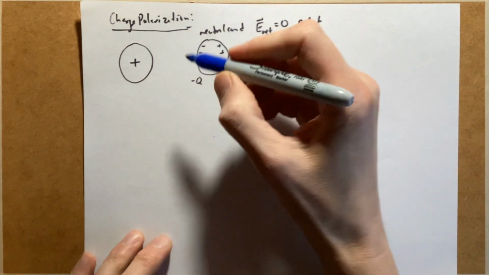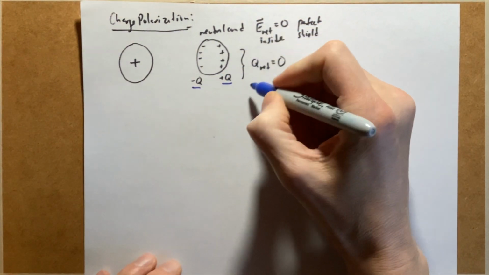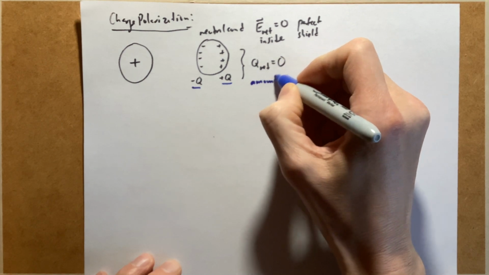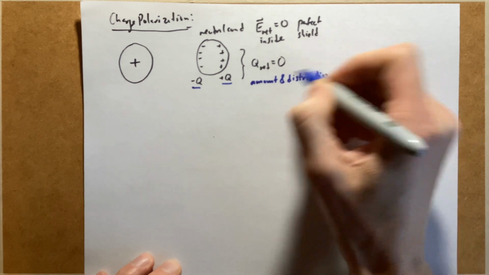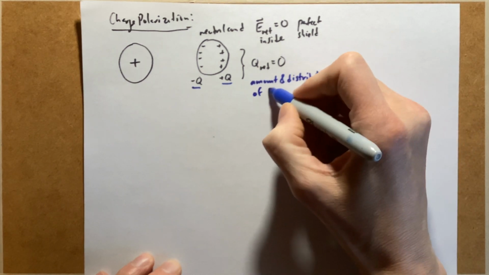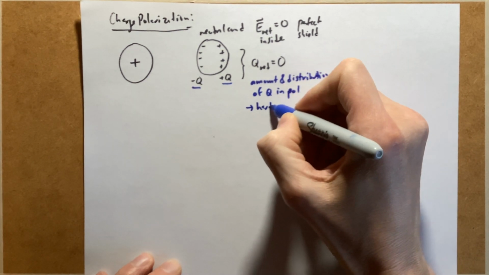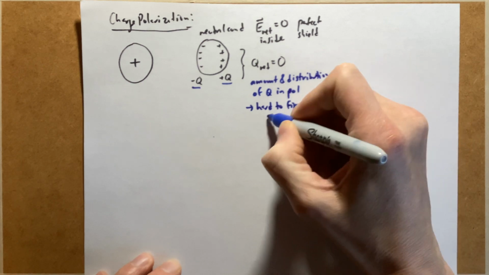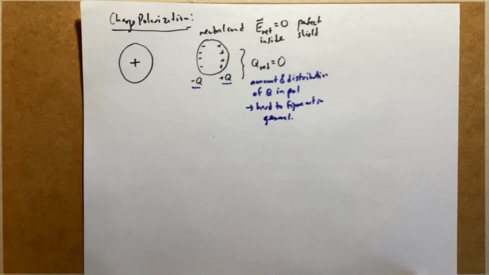Now, we addressed that as a concept, but how much charge is here is very hard to calculate. The amount and the exact distribution of charge in the polarization is hard to figure out in a general case, okay? So it is very tricky.